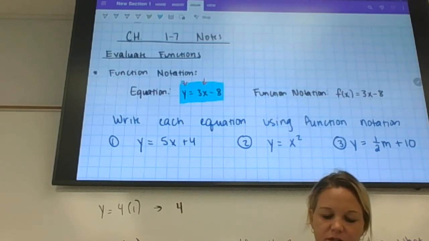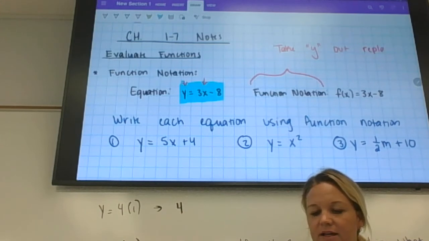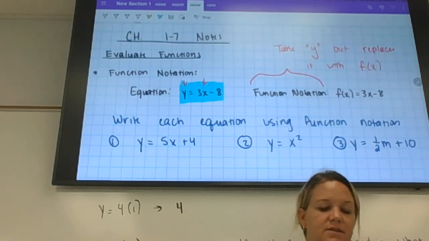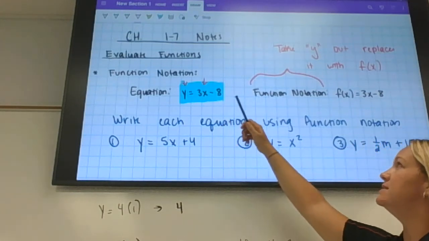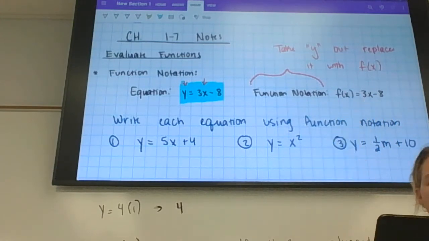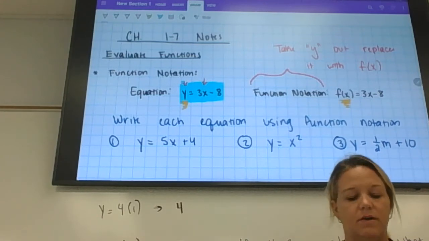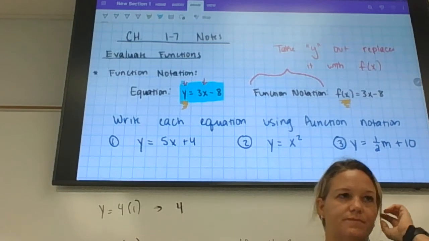For function notation, you take y out and you replace it with f parentheses x. So if your equation is y equals 3x minus 8, that's the same as f of x equals 3x minus 8. So you're taking the y and putting in f of x. So go ahead and do that for 1, 2, and 3.